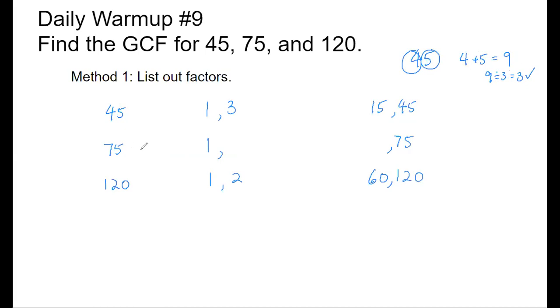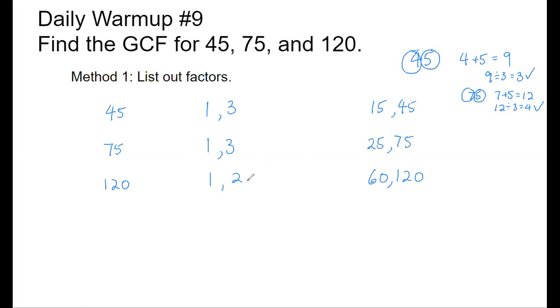And let's see, is 75 divisible by 3? 75, 7, 5. So 7 plus 5, that's 12. Is 12 divisible by 3? Yep, checks out. Okay, so what's 75 divided by 3? I know 3 times 4 makes 75.